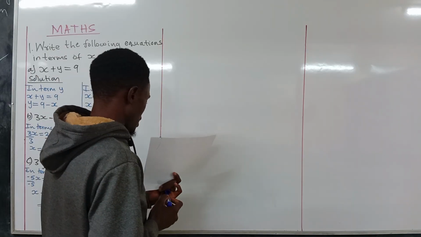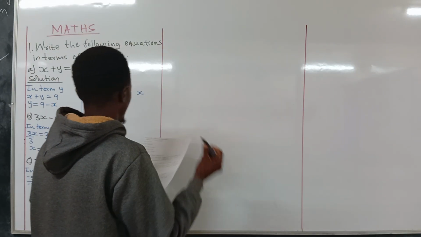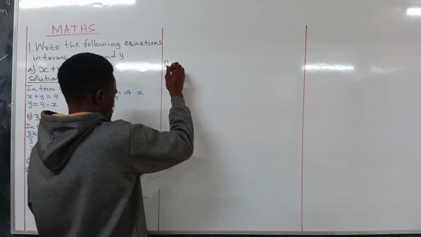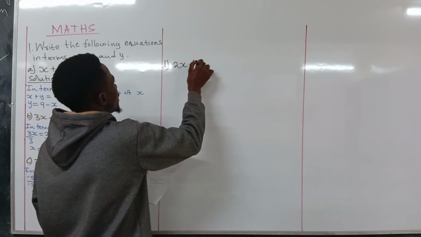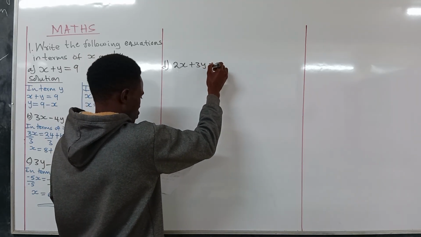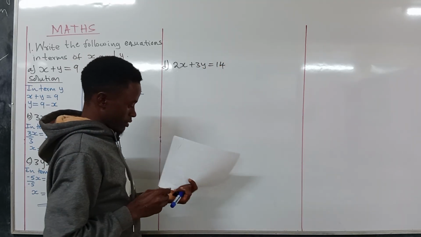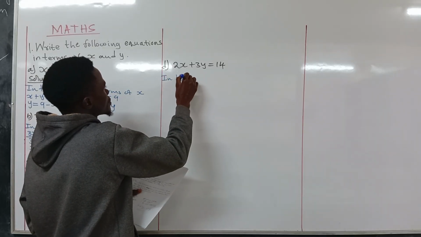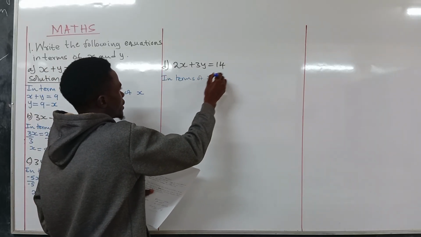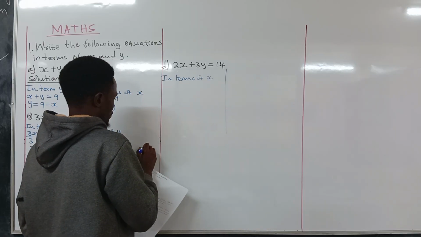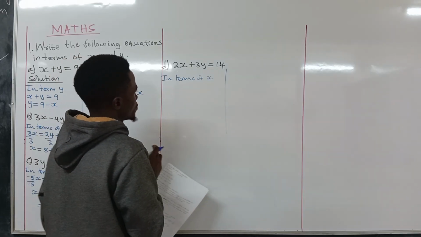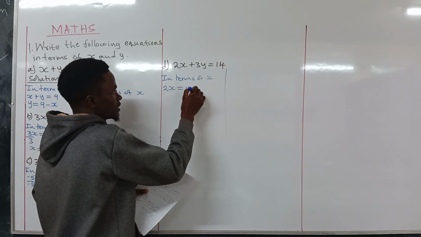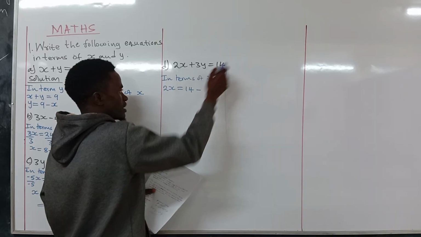So we have our fourth question here, that is our number D. 2x plus 3y is equal to 14. So in terms of x, 2x is going to be 14 minus 3y, which goes to the other side.